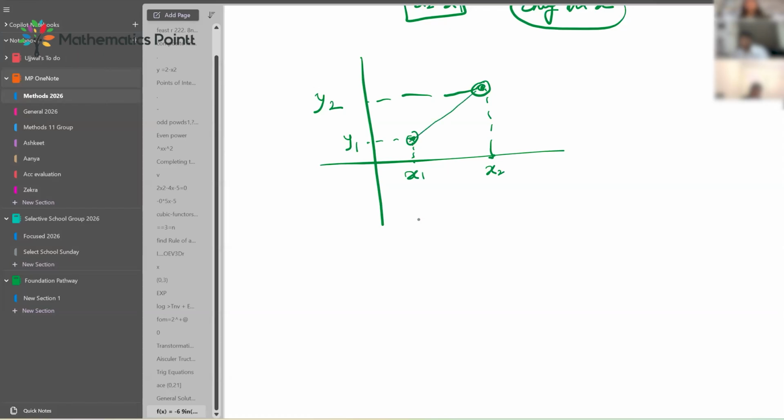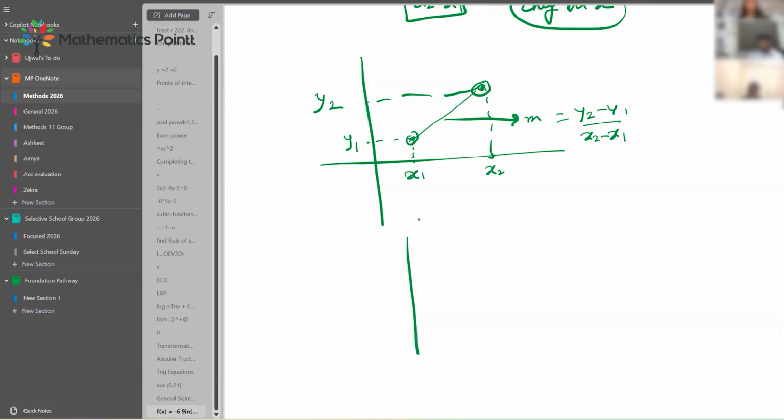Join them. And the slope of this line is the rate of change. Change in y with respect to change in x: y2 minus y1 over x2 minus x1. That's slope or rate of change.